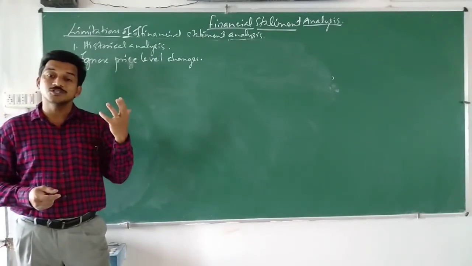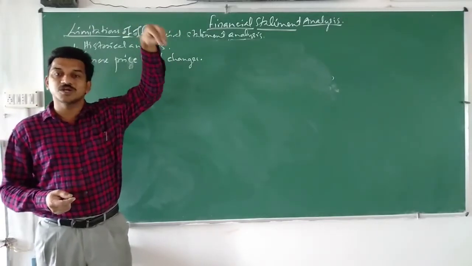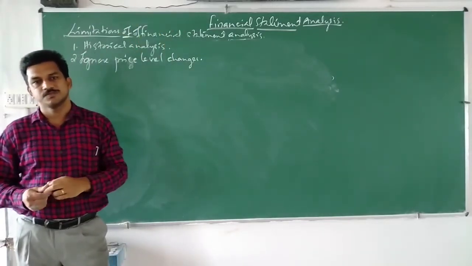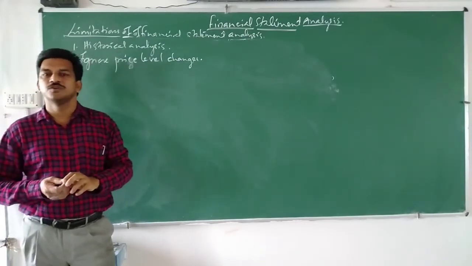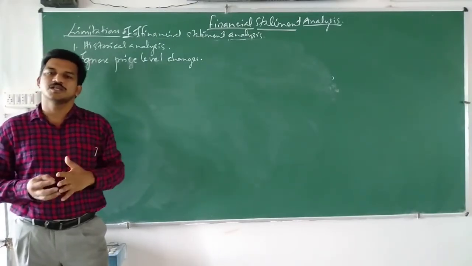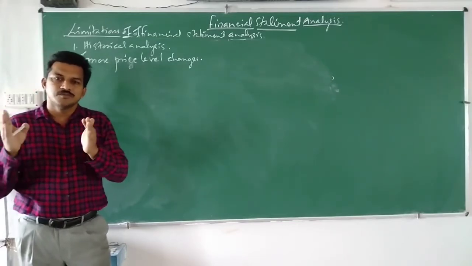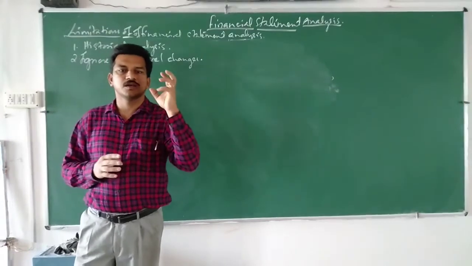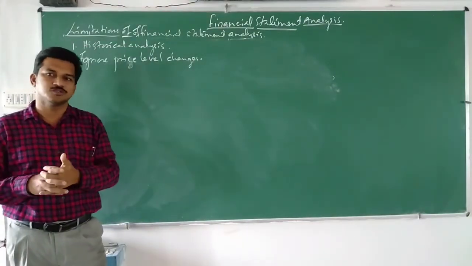But we are not considering how much the value of money has decreased from the previous year to the current year. That is another important drawback of financial statement analysis. We are unable to find out how much the value of money has decreased.